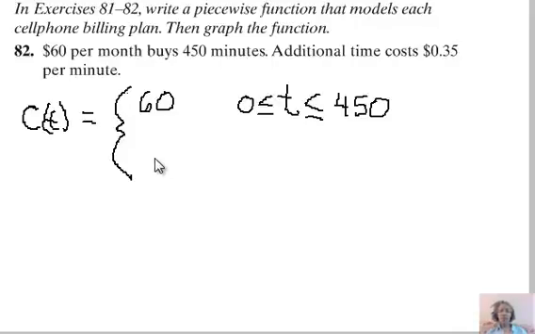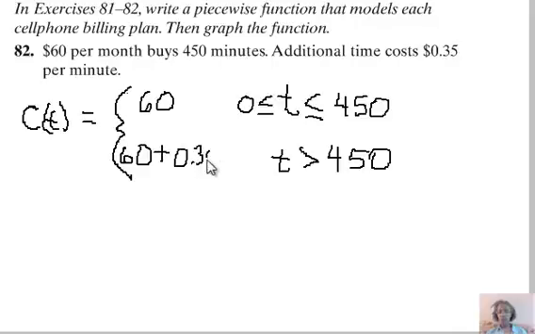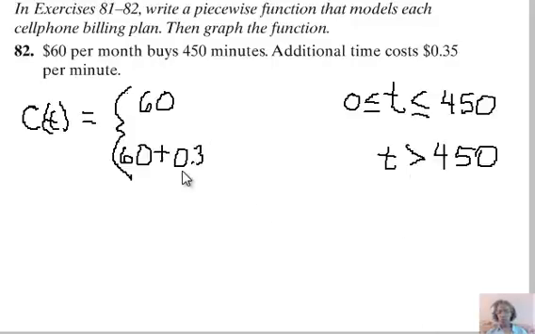If t is more than 450, I still have to pay the $60, but now I have to add to that 35 cents times the additional minutes.